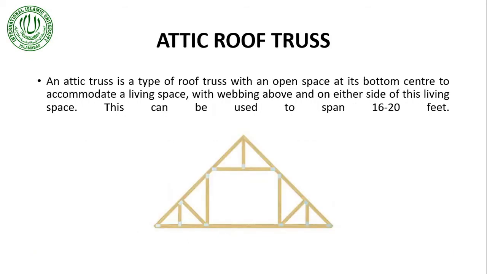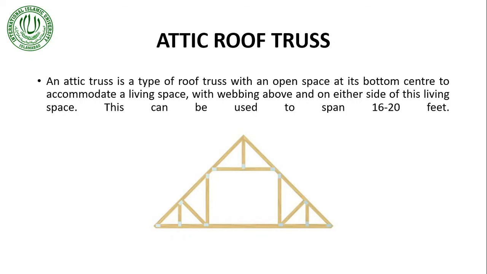Attic roof truss. An attic truss is a type of roof truss with an open space at its bottom. This is the pattern of this truss. It's an equilateral triangle with the members over here, here and here supporting this truss. This open space at the bottom of the attic roof truss accommodates maybe a living space.